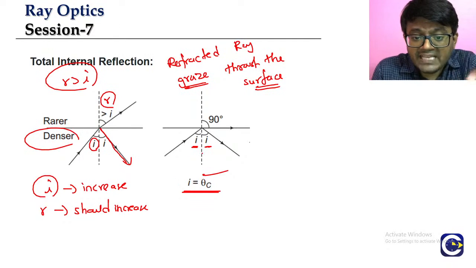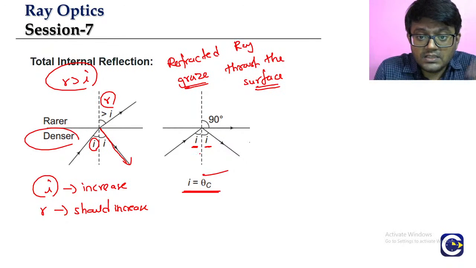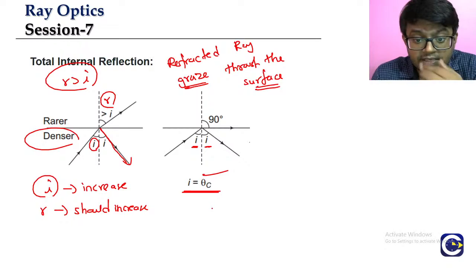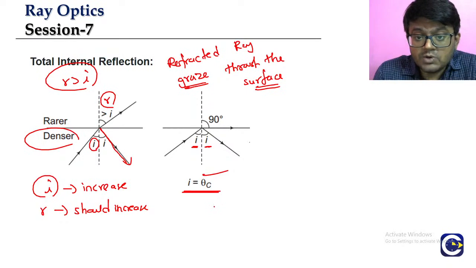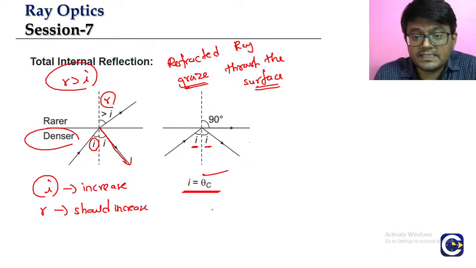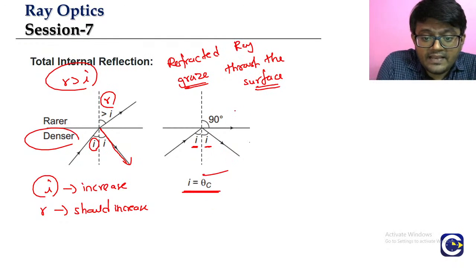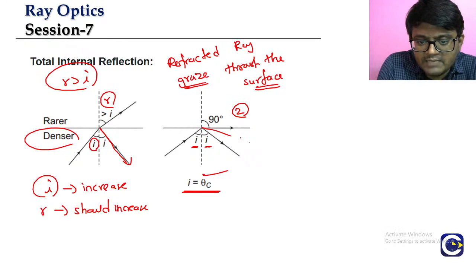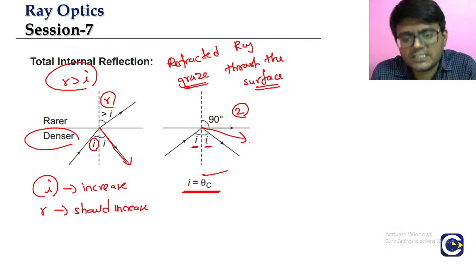The refraction angle must increase further, right? If you just go by Snell's law, incidence angle is increasing means refraction also should increase. The angle of refraction should increase, but it cannot increase more than 90. If it is increasing more than 90, what happens? The light ray will no longer be in the second medium. Increasing more than 90 means it will come into the first medium itself, right?